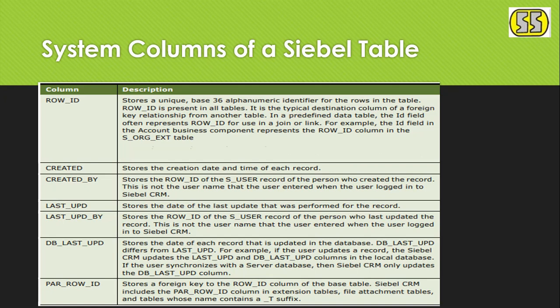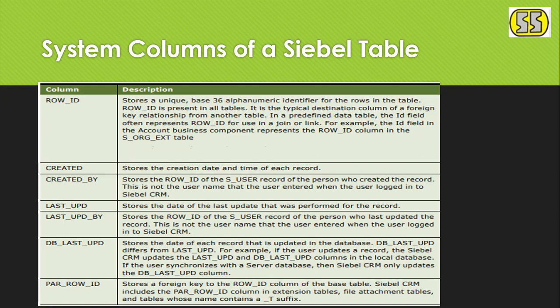DB last updated means, was the record updated from the database? Somebody can go and change the data from the database by typing an update statement. Similarly, somebody can write a procedure to update some data. Those things we can figure out by DB last updated.